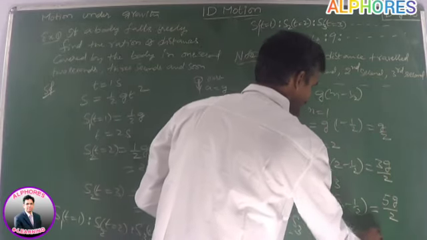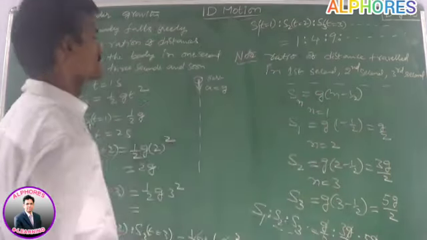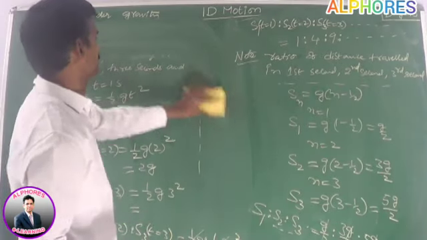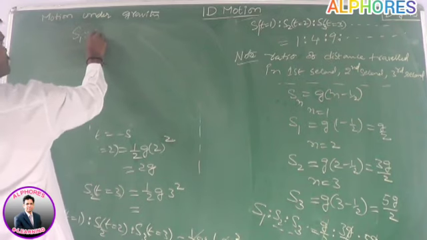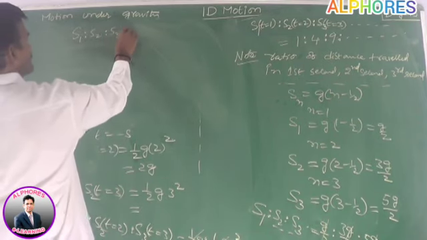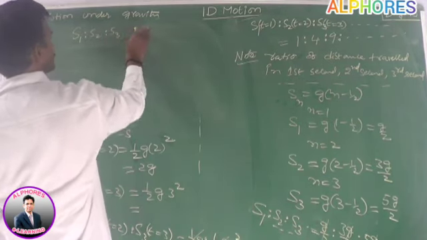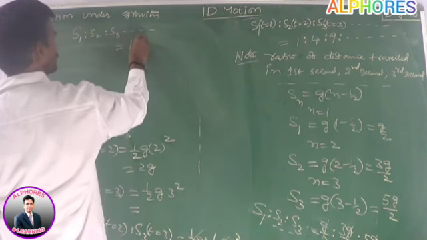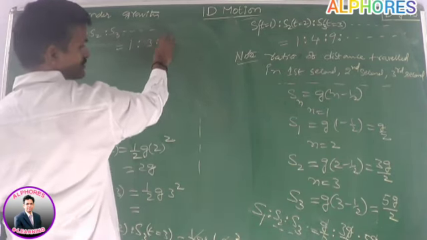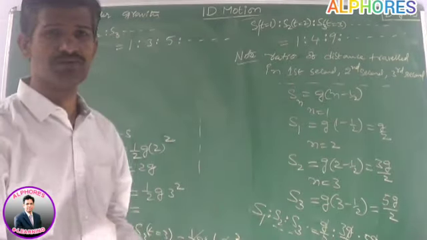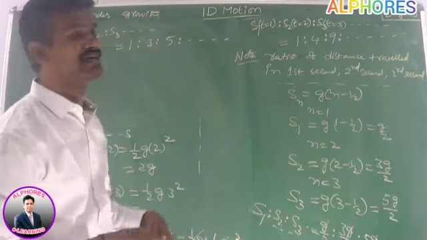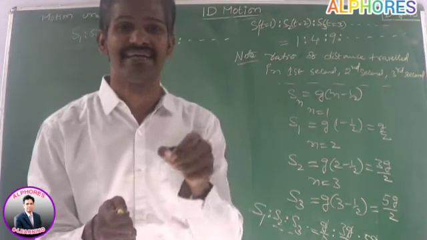This g by 2 gets cancelled. Then the ratio S1 is to S2 is to S3, and so on, is 1 is to 3 is to 5, and so on. The odd number ratio gives the displacements in various individual seconds.